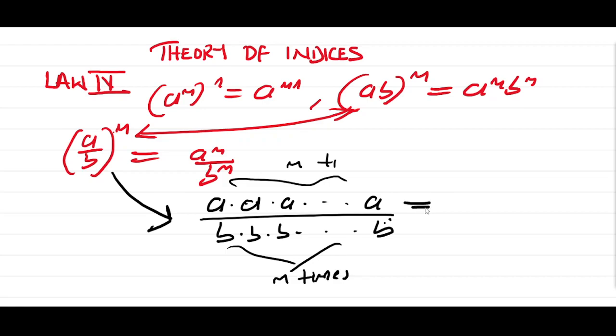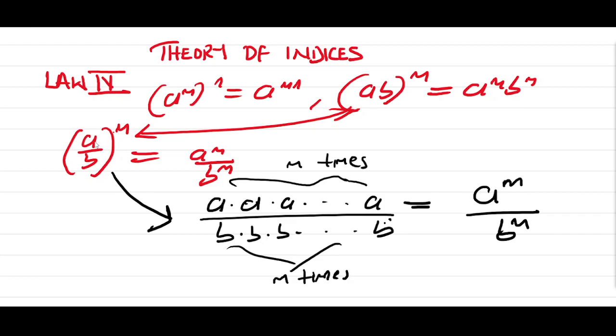If you put this into consideration, you find that A has appeared M times, and B has appeared M times as well. And by the laws of indices, this is true.